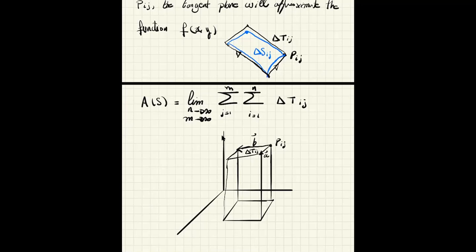so we have the rectangle delta Tij, and we would like to, so we have our point here, okay? And then this is gonna be delta x, and this will be some delta y, okay?